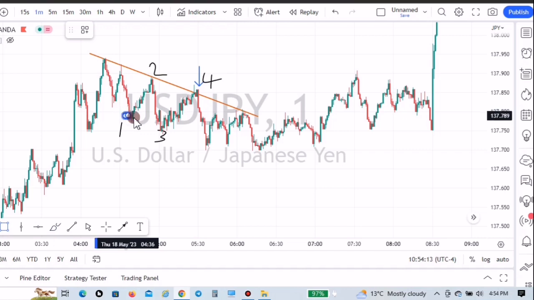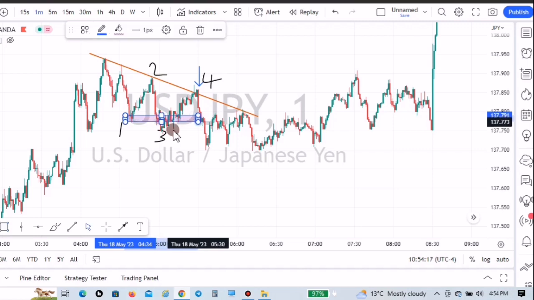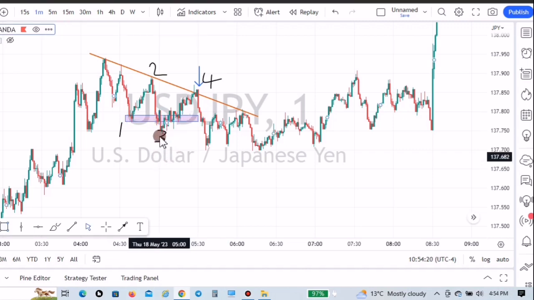Then from number 1, you draw this key level like this, and then you want to confirm that your number 3 closed below your number 1. If your number 3 closed below your number 1, then you can confirm this sell trade.